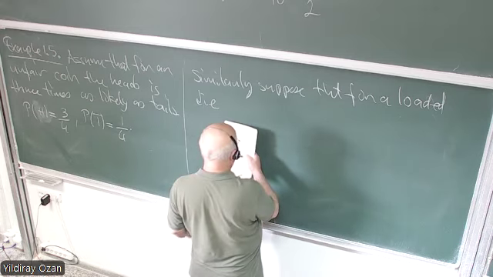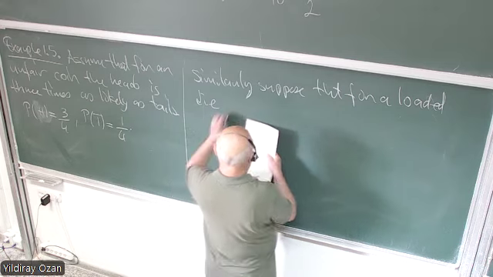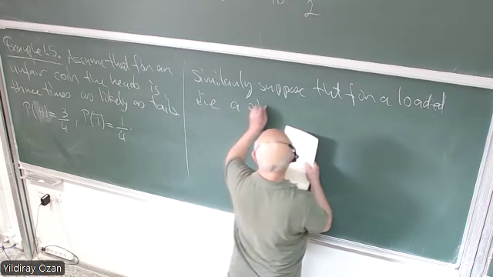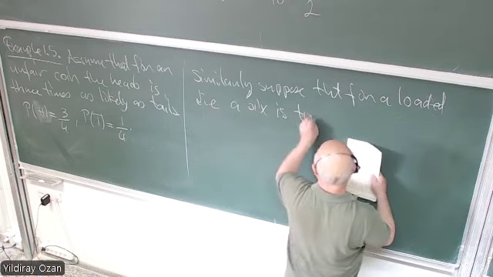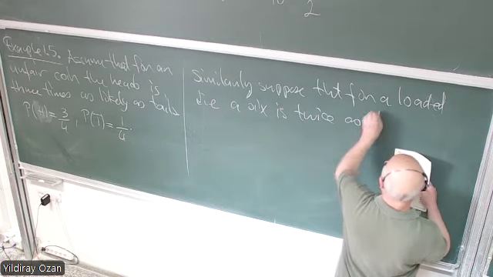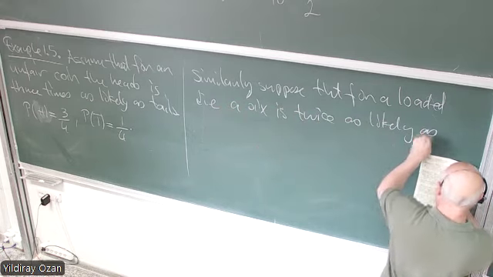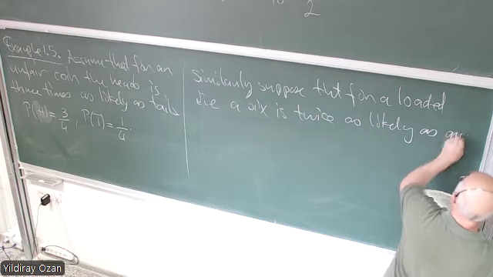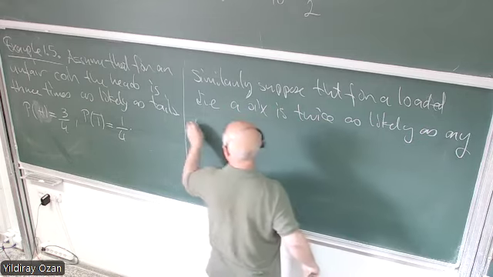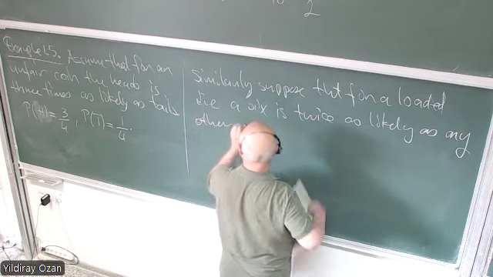Okay. A 6 is twice as likely as any other number.